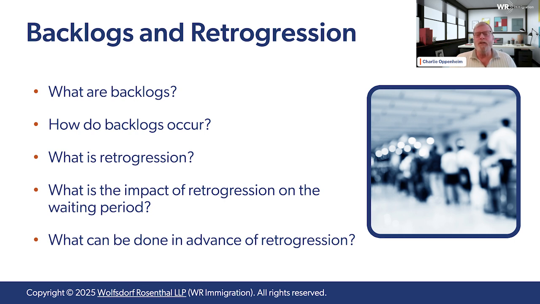In terms of what can be done in advance of a retrogression, I would always advise applicants to act in a very timely manner. If you're eligible to file based on the application filing dates, do so as quickly as possible. You don't know how long that benefit may be applied.